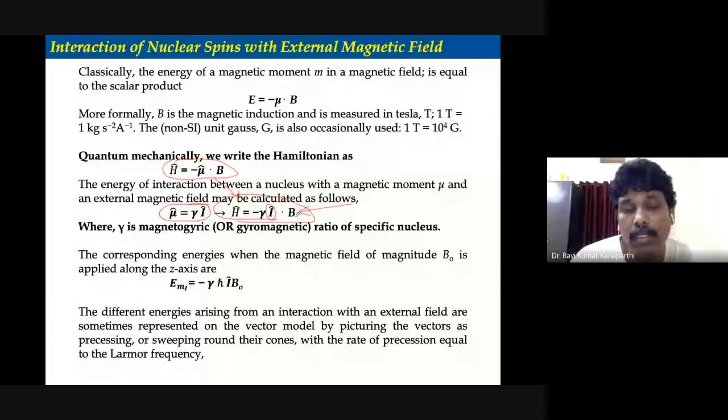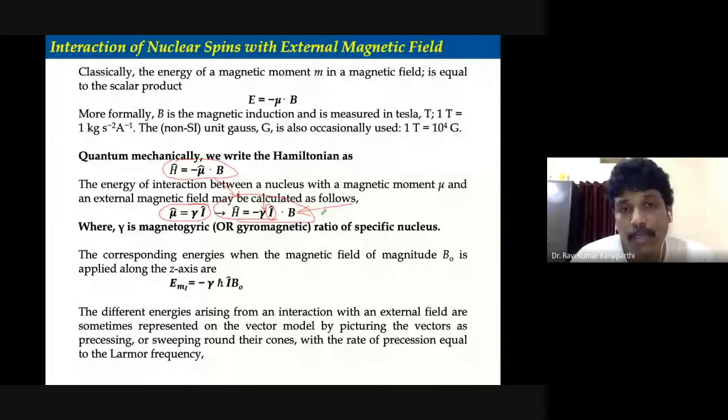Gamma is called the gyromagnetic ratio or magnetogyric ratio, which is the ratio of magnetic moment to angular momentum. We will come to that point later, but remember that the Hamiltonian is minus gamma operator I multiplied by B.